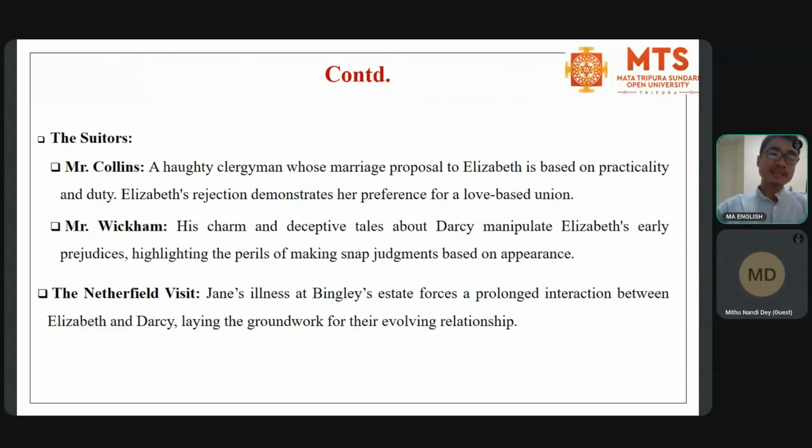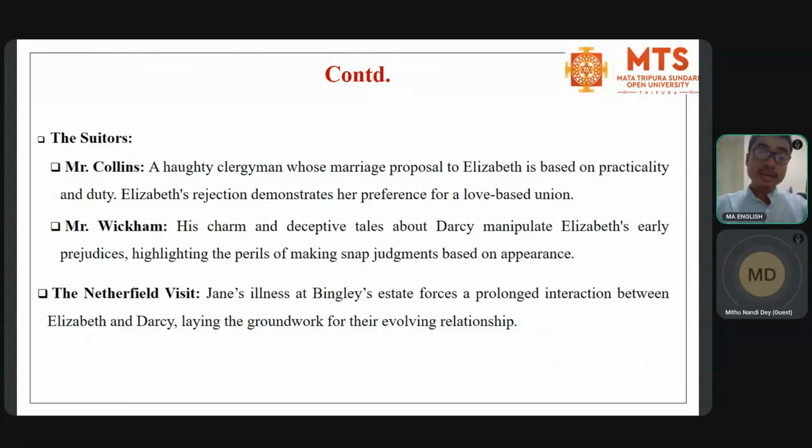Then Mr. Collins comes up with a proposal to Elizabeth. His proposal was also turned down, and then Mr. Wickham comes up with a false story, telling that he was cheated by Mr. Darcy. His deceptive story now even expands the distance between Elizabeth and Mr. Darcy.